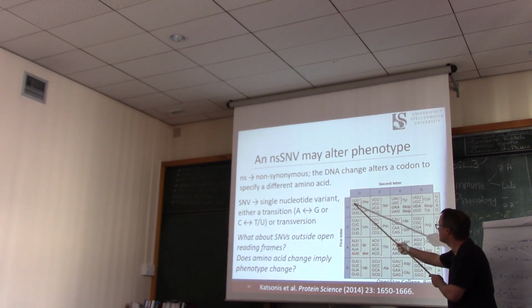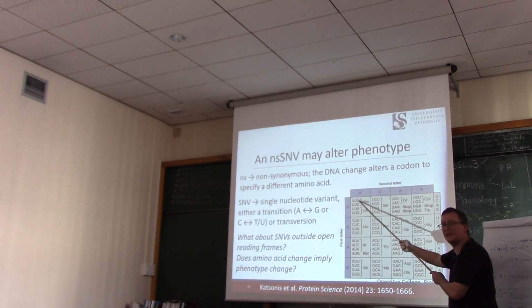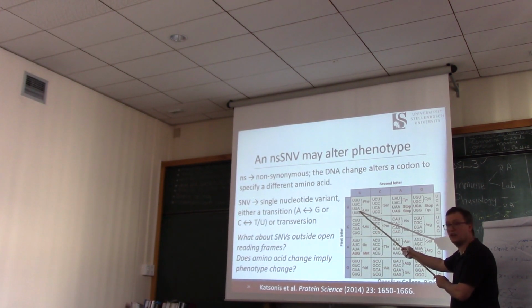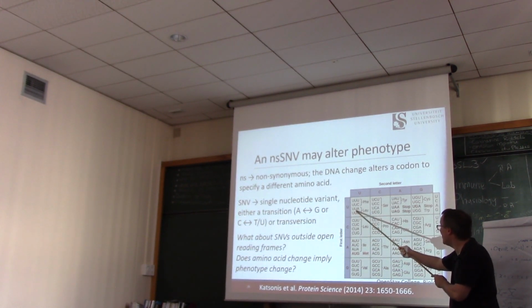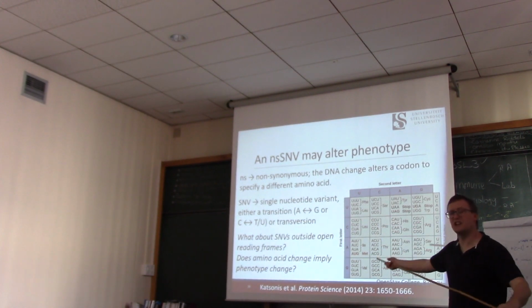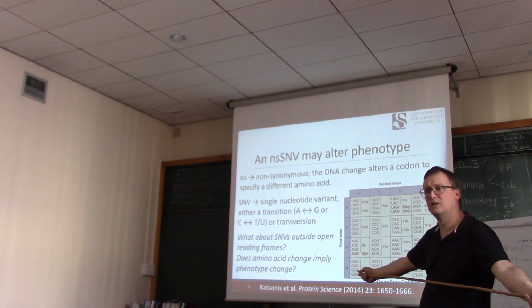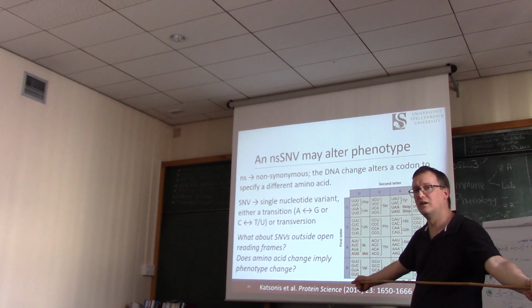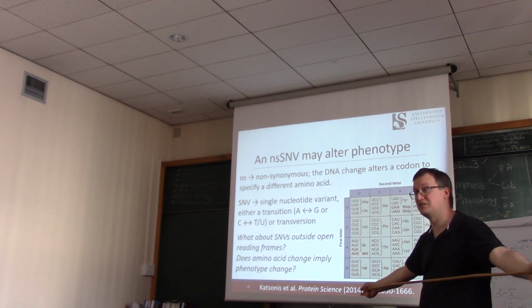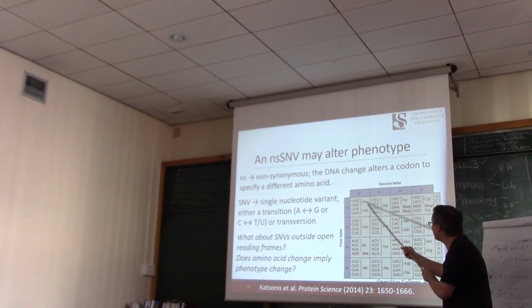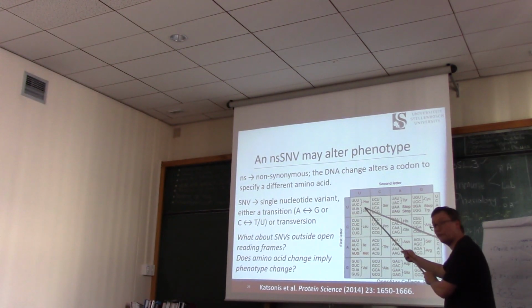Now, what happens if I change the third letter of UUU to an A instead? It's in the same box, right? So we change from UUU to UUA. Is that synonymous or non-synonymous? It is non-synonymous. Even if it appears in the same box, we see that UUU codes for phenylalanine, UUA codes for leucine.